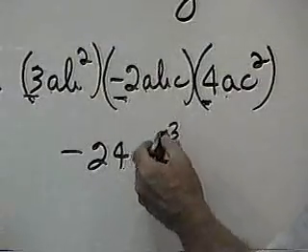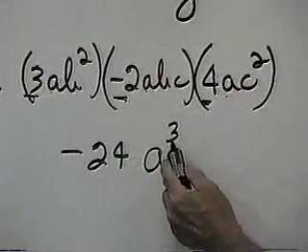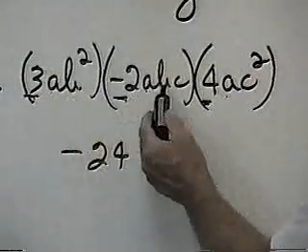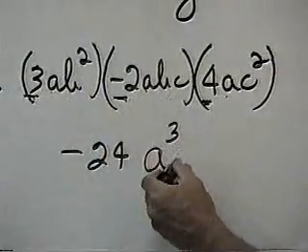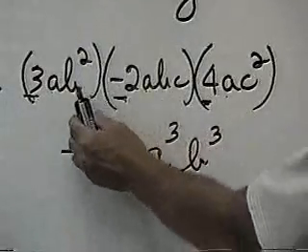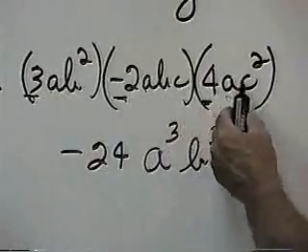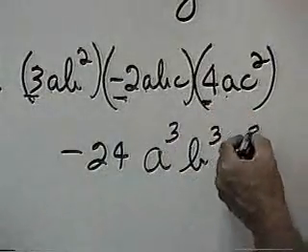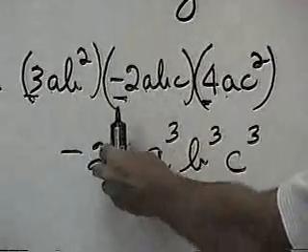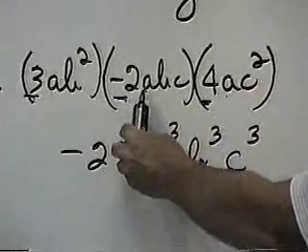A times a times a times a. All right, then the b's, we have 2 here, 1 more, so that's b cubed. In the c's, we have 1 here and 2 here, so that's c cubed. Numbers times numbers, letters times letters.